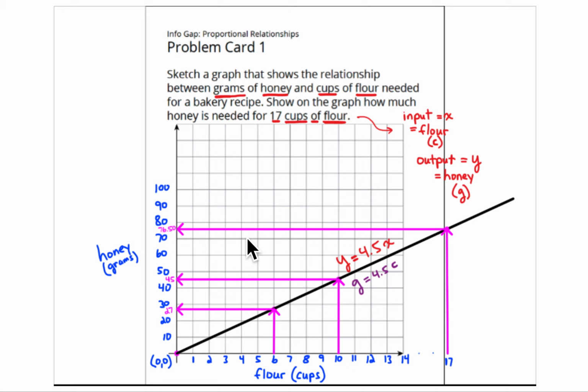All right, so now we have the equation. So grams of honey is equal to 4.5 times the number of cups of flour. So what's going into the recipe is, gee, I have 17 cups of flour. How many grams of honey do I need to add? Well, for every cup, I need to add 4.5 grams of honey. I have 17 cups, so that's 4.5 times 17. Gives you the number of grams of honey.